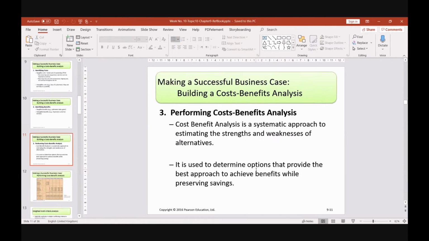Okay, so the third step is performing cost-benefit analysis. Now you identified the cost separately, you also identified the benefit separately. The third step is now analysis. You will perform the analysis for both cost and benefit. So cost-benefit analysis is a systematic approach to estimating the strengths and weaknesses of alternatives.